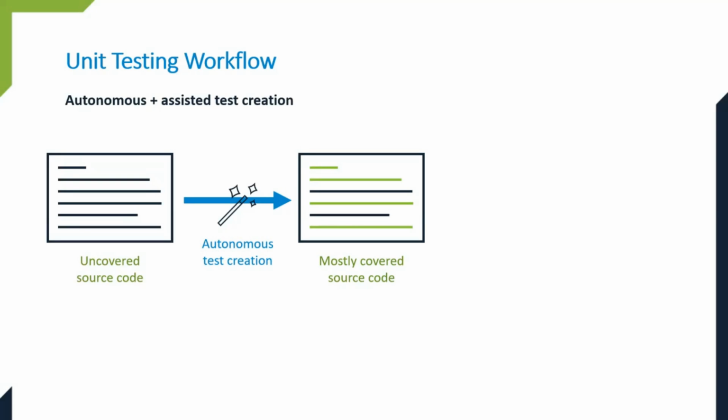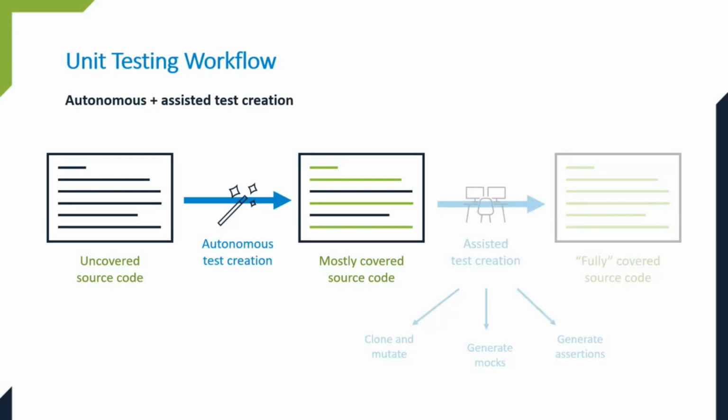And autonomous tools are great because they can analyze the code for us, they can resolve code paths and variables, and they can auto-generate pre-configured tests. But it doesn't always get us all the way to our coverage goals, right? Optimistically, sometimes we will see 50, 60% code coverage, but oftentimes our target is going to be closer to 80%.